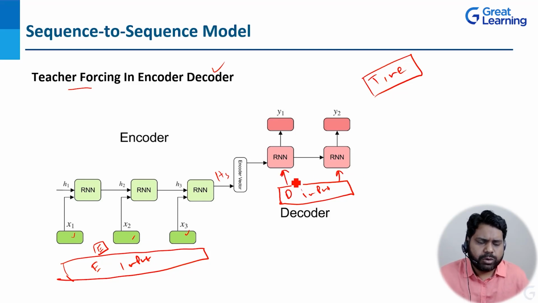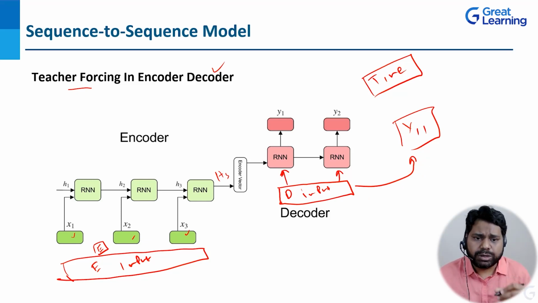The moment it predicts, let's suppose that it predicts y11, it checks with this decoder input whether the output it is generating is correct or not. Our correct output is y1. So the model will penalize itself.